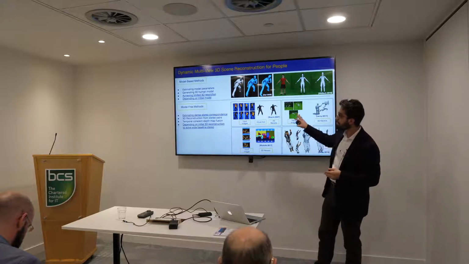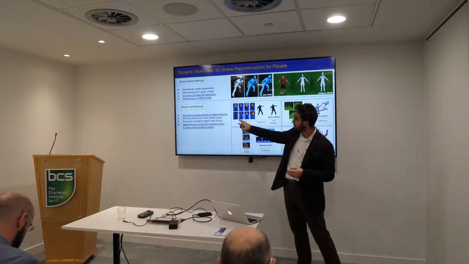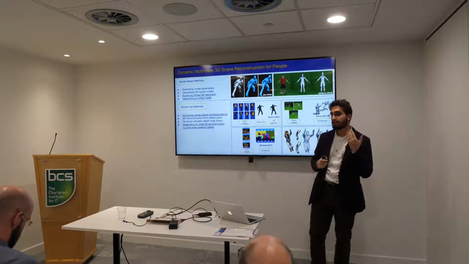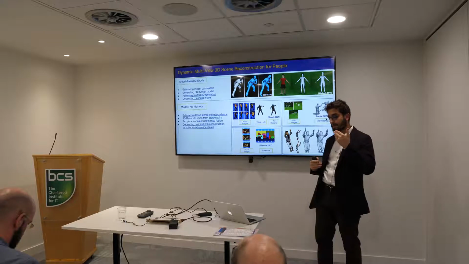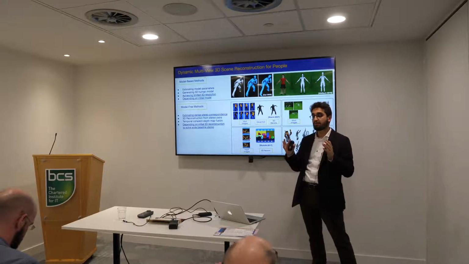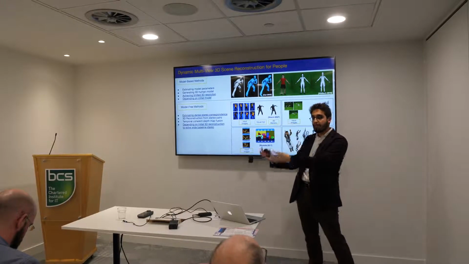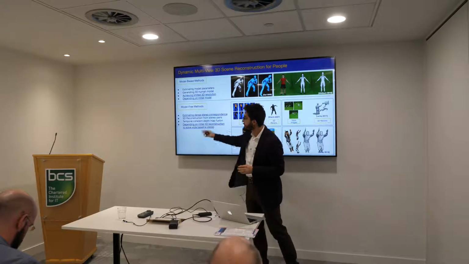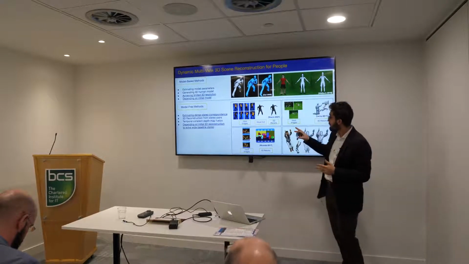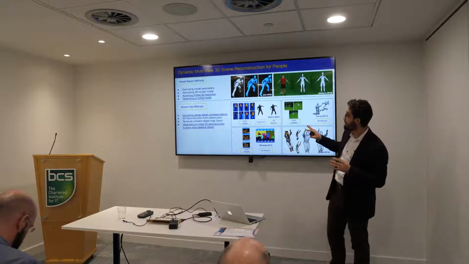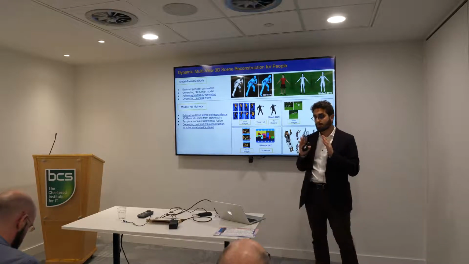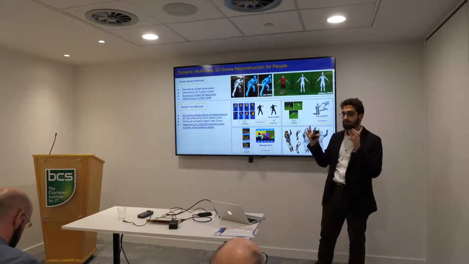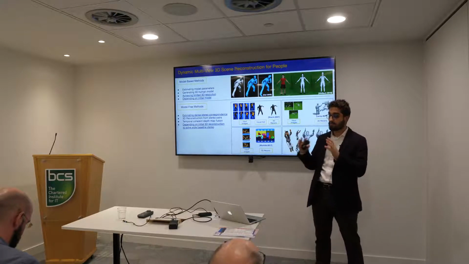When we look at the pipeline of those methods, they first start with estimating the dense stereo correspondences between stereo cameras. And then after getting the view-dependent depth maps, we fuse them in order to get the final 3D reconstruction. But the most important part here is estimating the dense stereo correspondences. The methods available in the literature struggle with this step because we are dealing with wide baseline. I'm going to show in a later slide what the wide baseline is, and the difference between narrow and wide baseline.